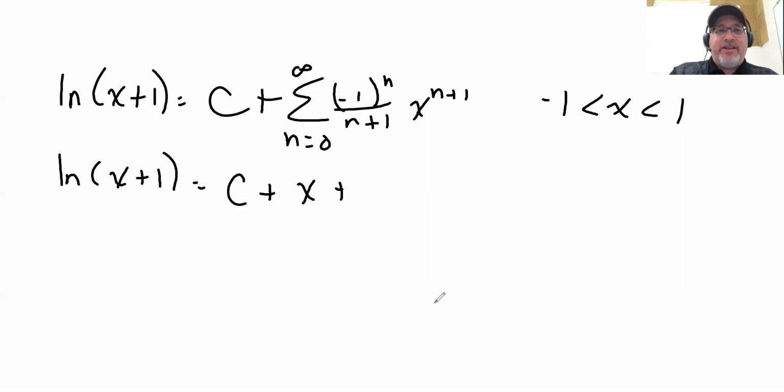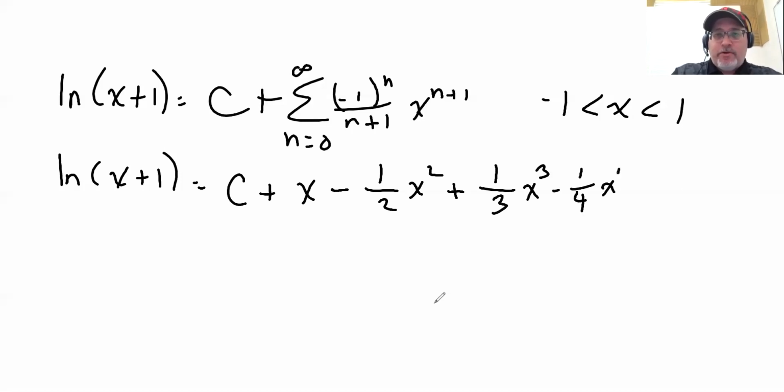If we put in n equals 1, then we get (-1)^1, which is -1, over 1 plus 1, which is 2, and then x^(1+1), which is x squared. We put in n equals 2, we get (-1)^2, which is +1. We get 3 in the denominator, and we get x cubed. Next one would be -1/4 x^4, et cetera, et cetera.